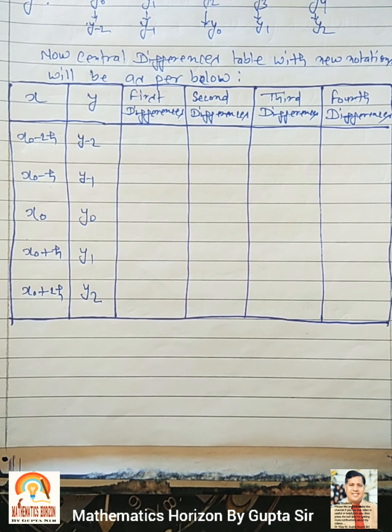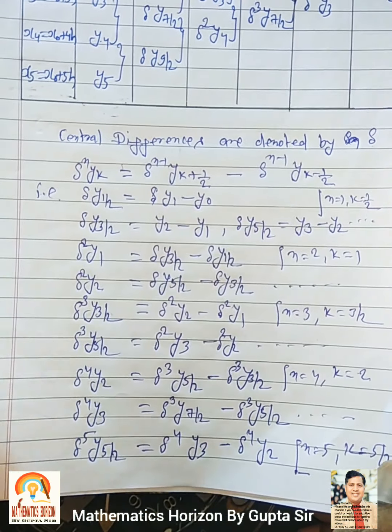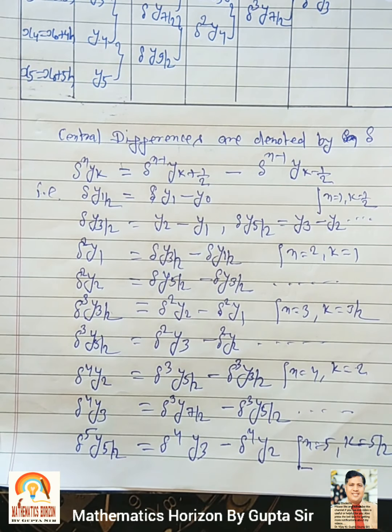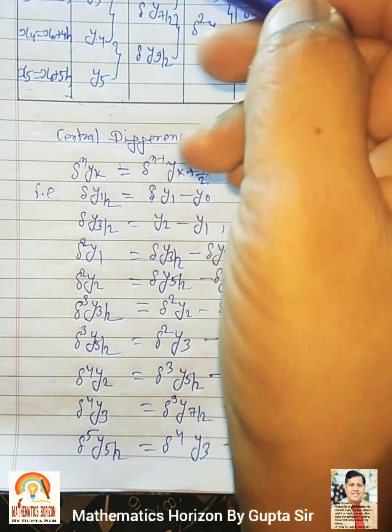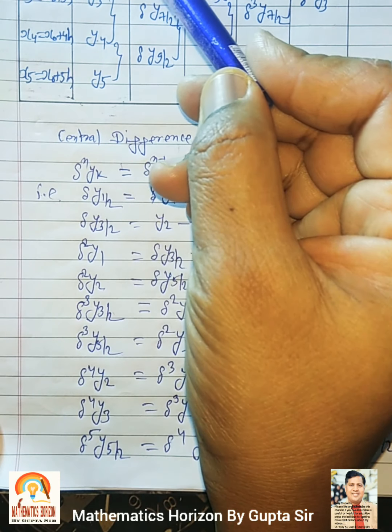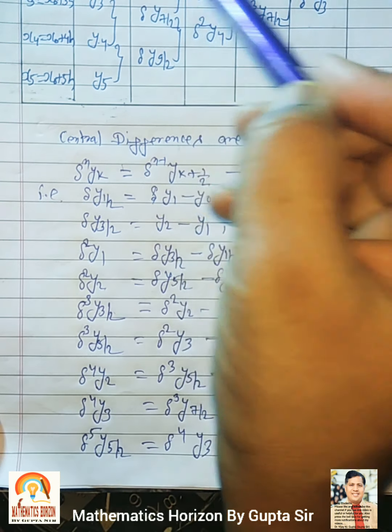Now we find out differences. Whether we are calculating forward differences, backward differences or central differences, we are just subtracting first from second in every way.